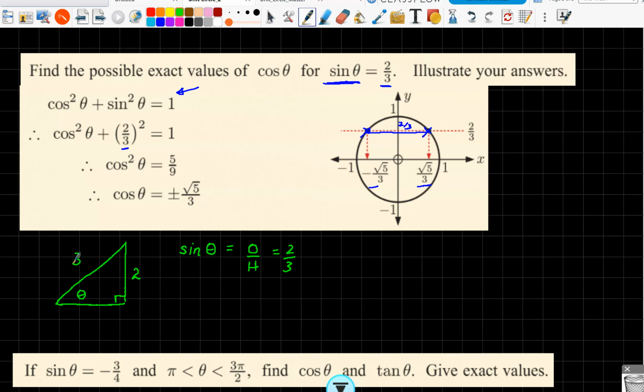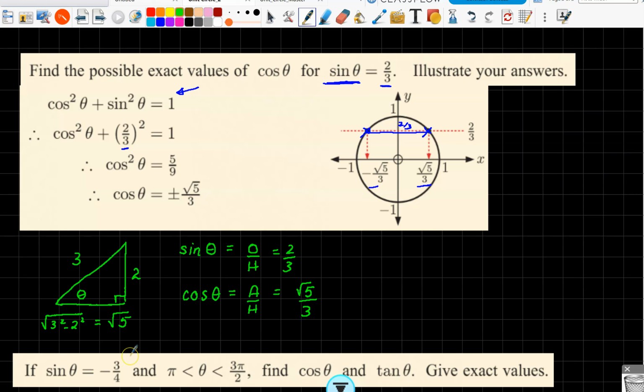Using basic Pythag, we know that this length here is going to be the square root of 3 squared minus 2 squared, which will be root 5. 9 take 4, 5. So now I can easily tell you what cos theta is, because cos theta is adjacent over hypotenuse. So here's my adjacent side, which is root 5, all over 3.